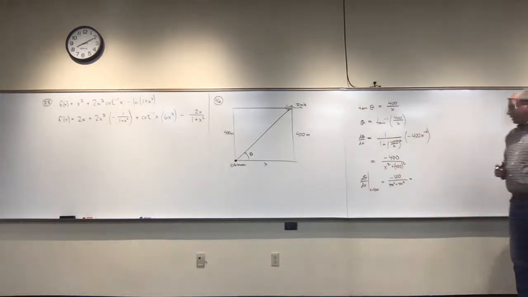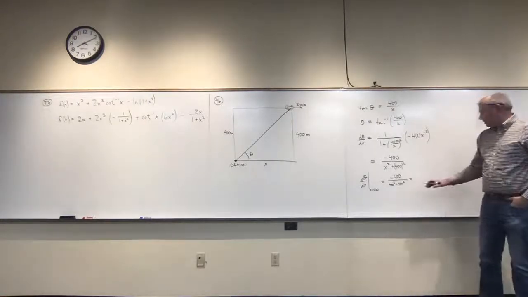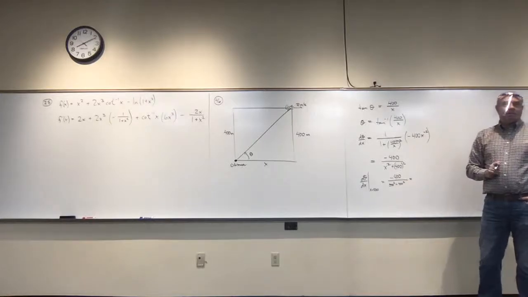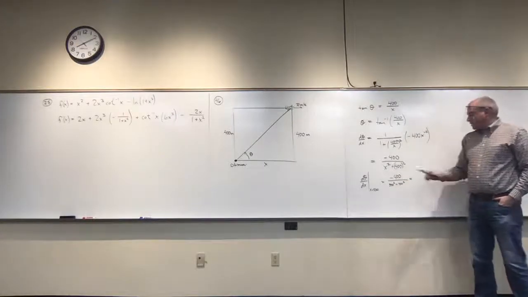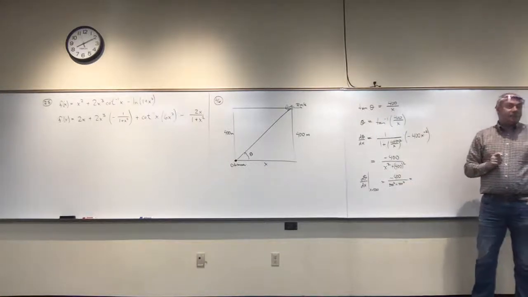Okay, and then I plug that in. So what would I get out? Did somebody do this by any chance and get the answer? So obviously it's going to be a pretty small number, right? And it's going to be negative.